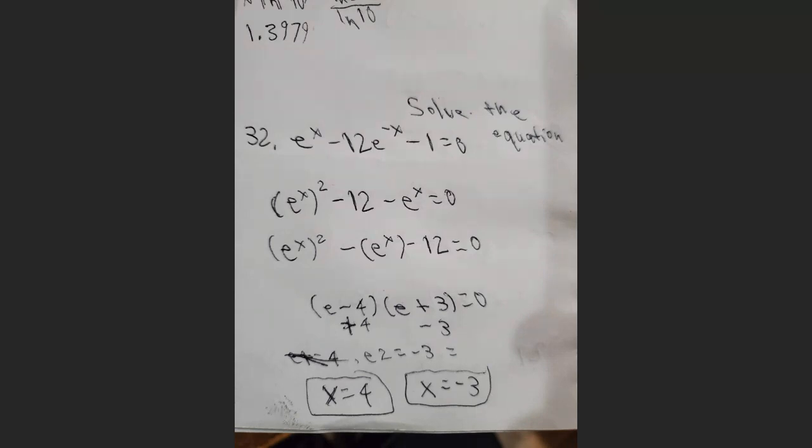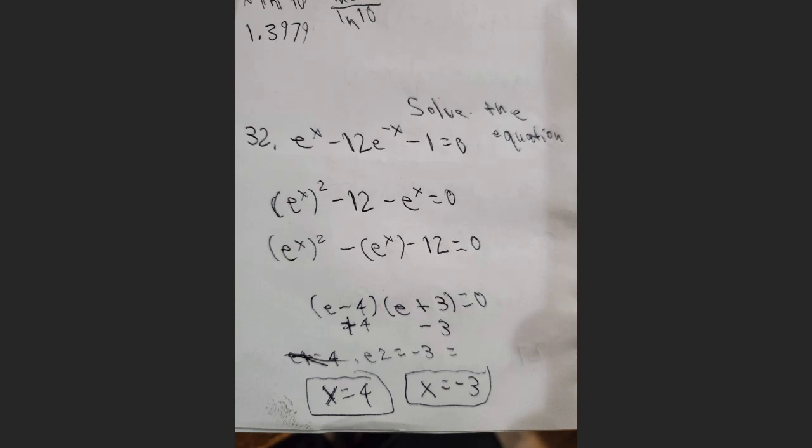For this question, we're solving the equation e to the x minus 12 e to the negative x minus 1 equal to 0. I rewrote it step by step, starting with e to the x squared minus 12 minus e to the x.